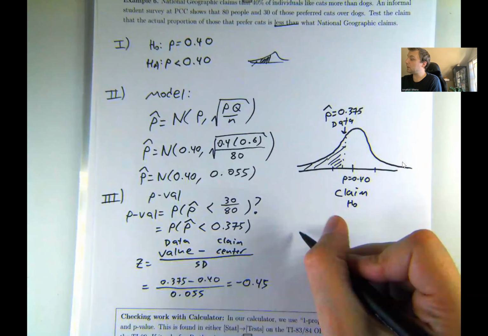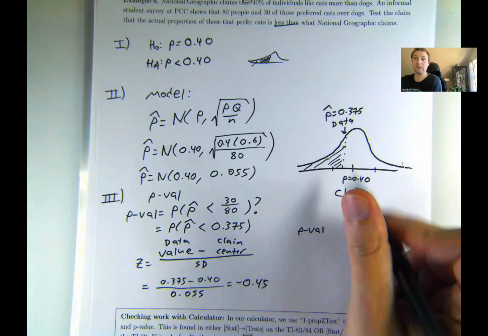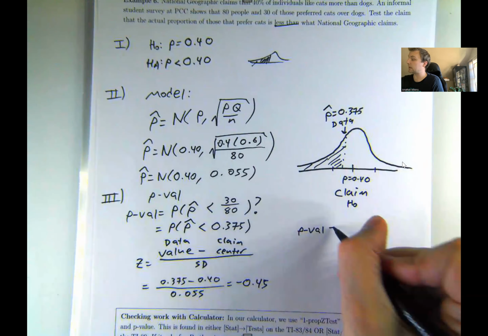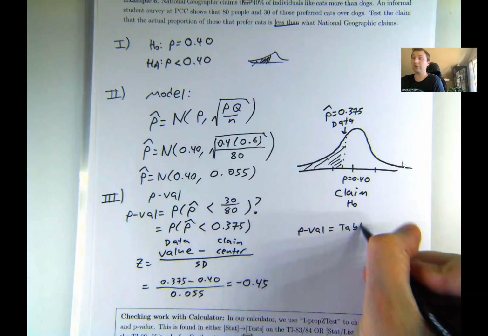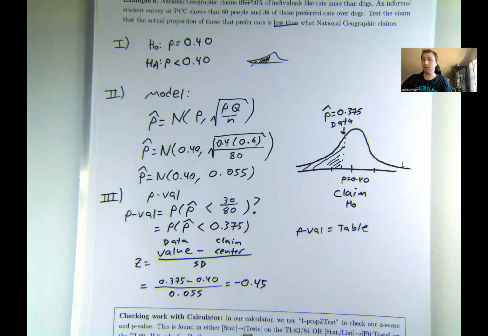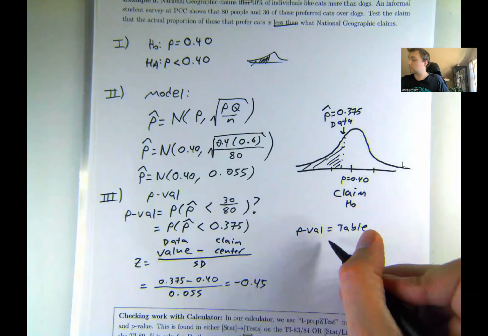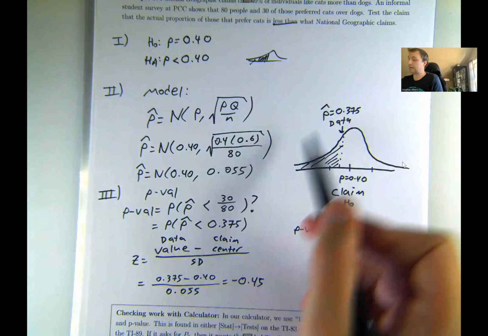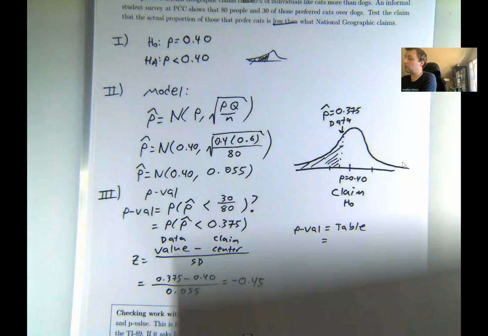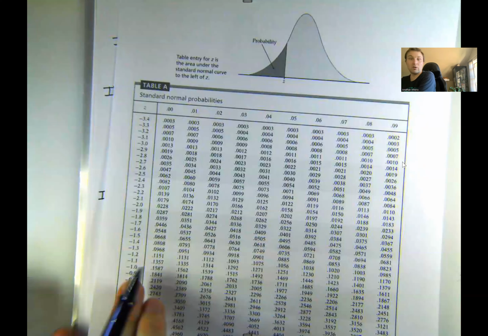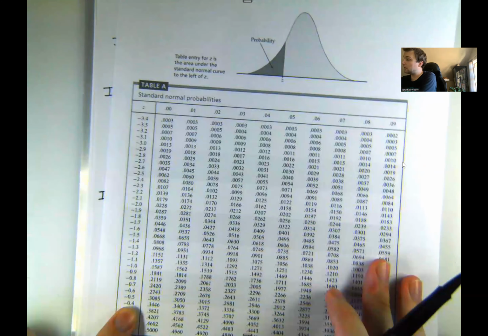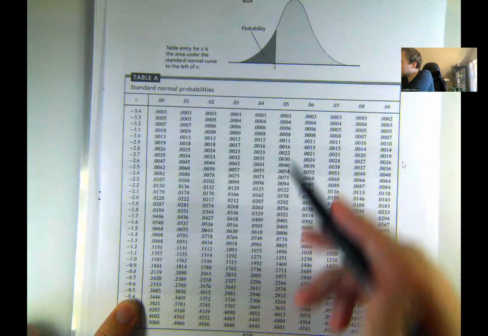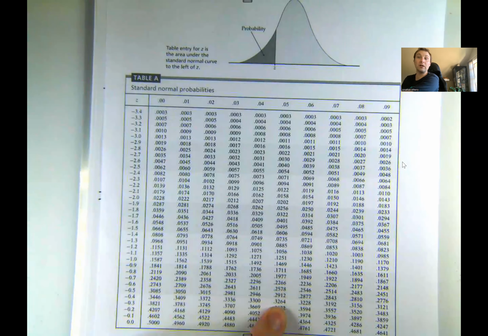To get my p-value from here, since this thing is shaded to the left, that's going to be the value inside of the table. I'm also going to show you how to do this with some technology. But it's shaded to the left, so that's my table value. Negative 0.4 meets the 5, and that happens at 0.3264.